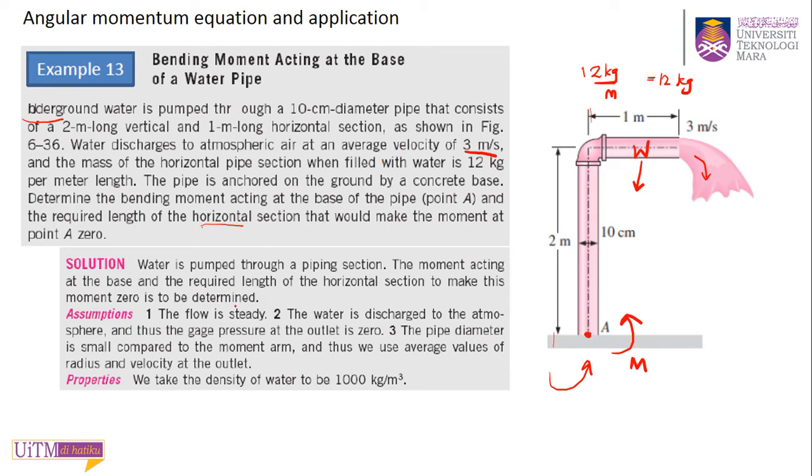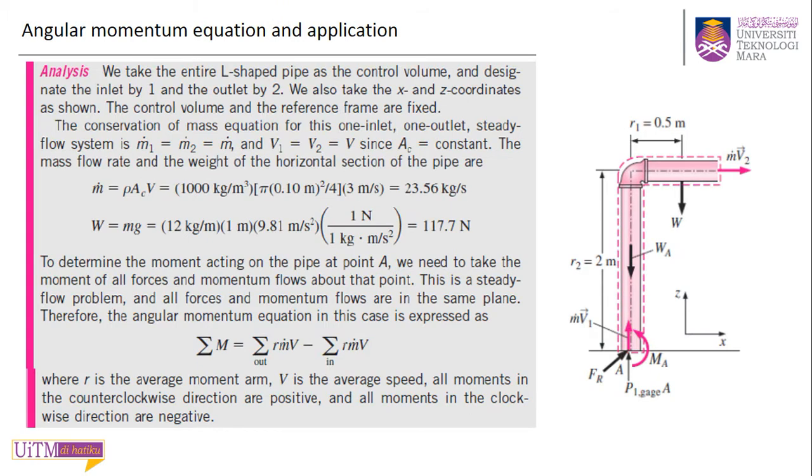This is the properties and the assumptions, and the role of the water. To solve this question, first you need to draw your FBD, to label all the forces on this control volume. You have your A1 and A2, but this pipe is the same size, so the diameter is the same and A1 and A2 are the same.